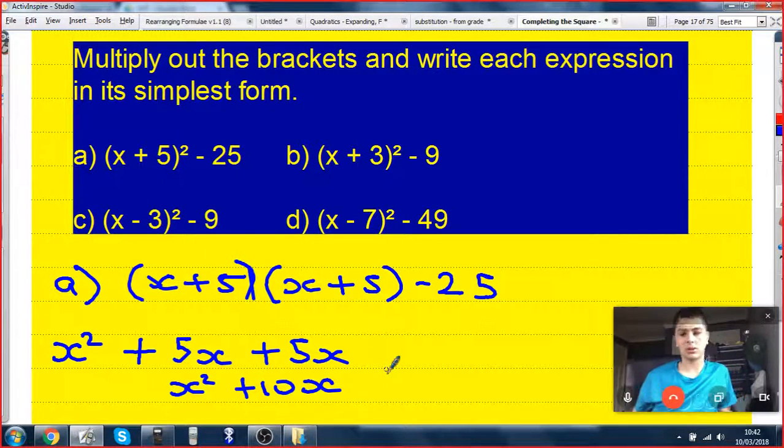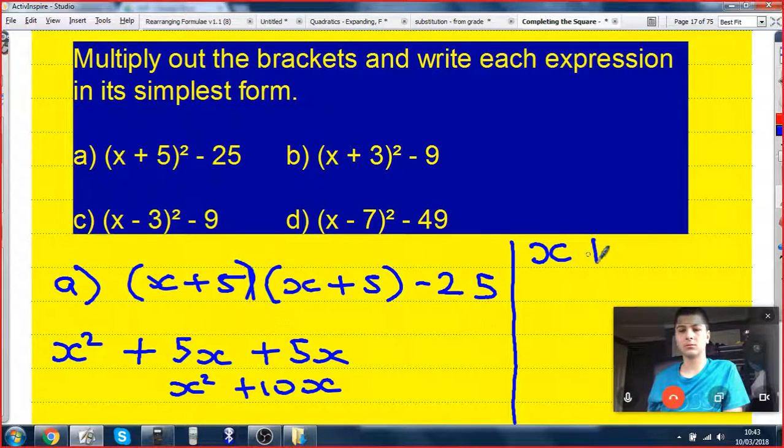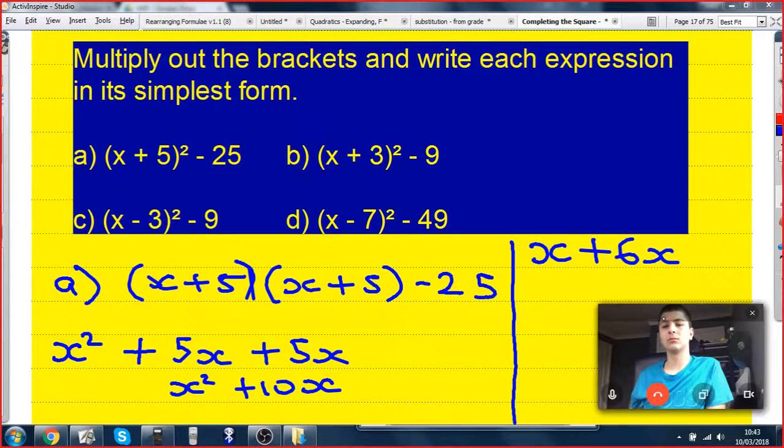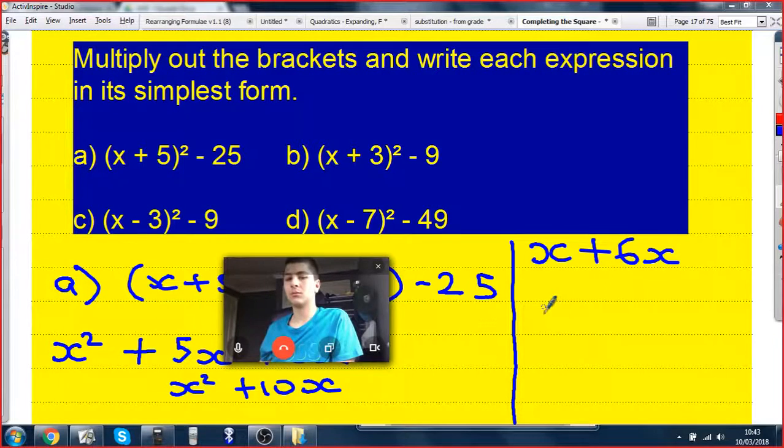That's it. And so if you ever had to work backwards, if you had to write x squared plus 6x into a perfect square, you would do half of 6 is 3, because you always get the 2 x's in the middle.